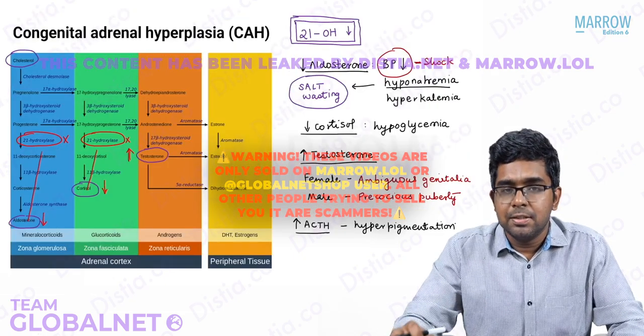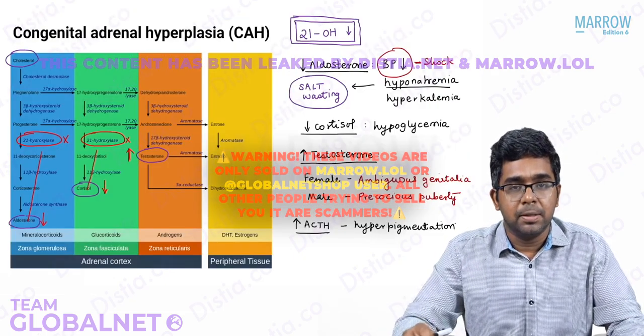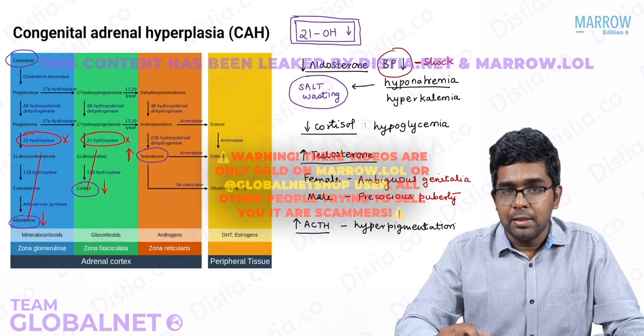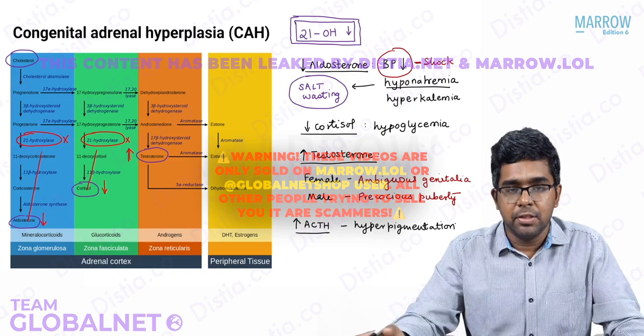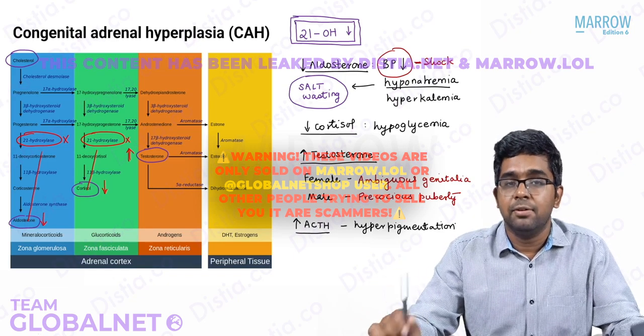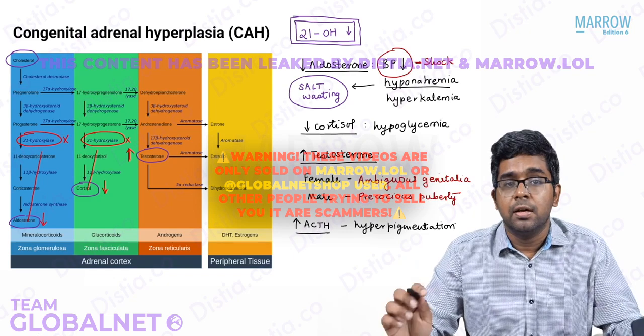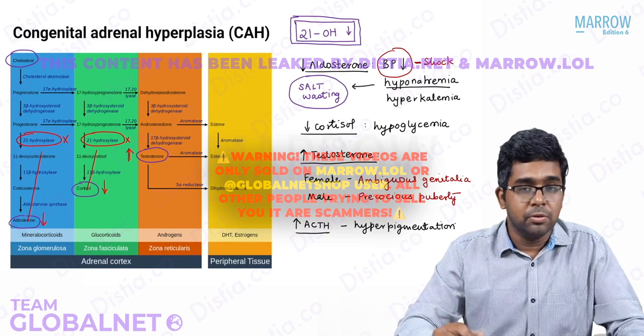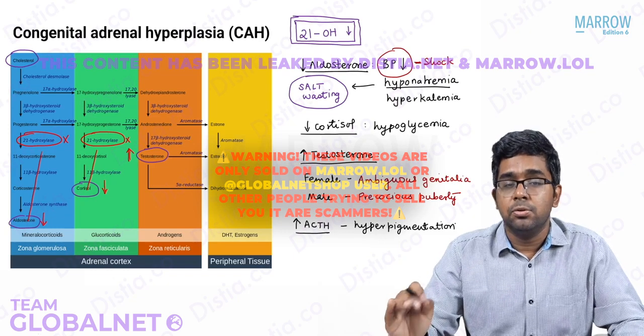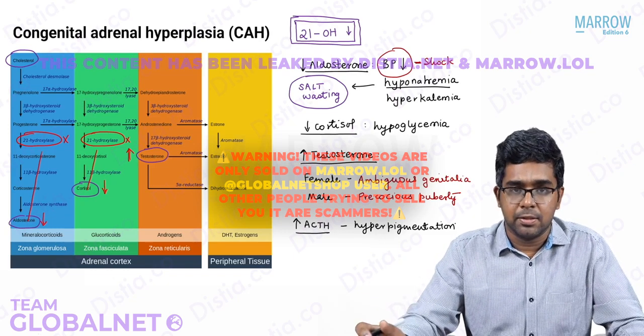What could be the treatment of this condition? Remember, we have to replace what is deficient. Here, aldosterone, a mineralocorticoid, and cortisol, a glucocorticoid, are deficient. So same principle, you have to give lifelong replacement of hydrocortisone and fludrocortisone. Again, as I discussed before, during the time of stress, the dose of the steroids has to be increased.